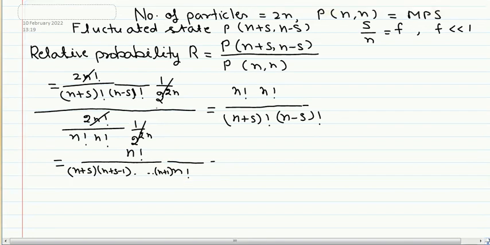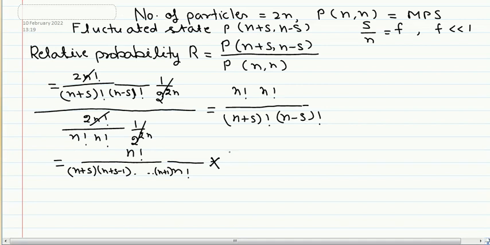Now come to the next factor. In the next factor it is n factorial and n minus s factorial. So n minus s is less than n. It means that when we write the terms of n factorial, we will have a certain term which will be equal to n minus s factorial. So here we will expand n factorial, not n minus s factorial, because n is more.